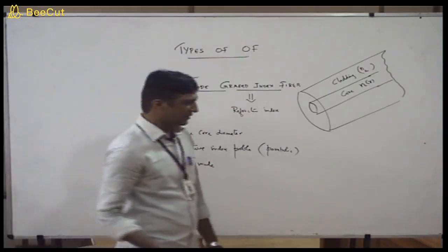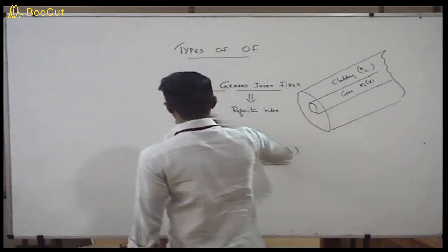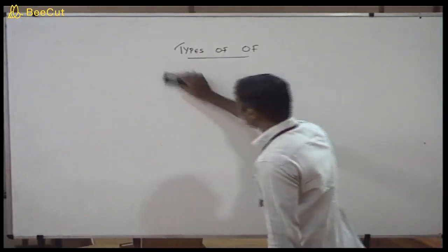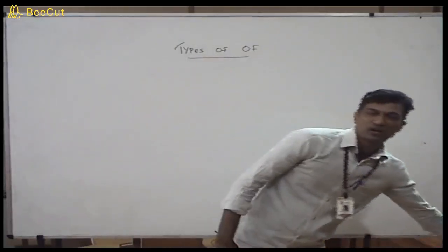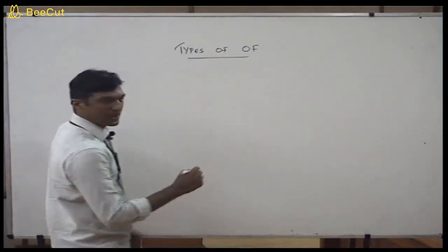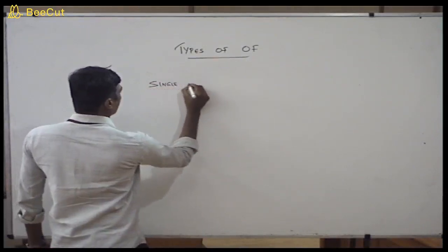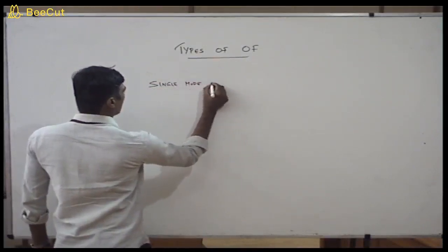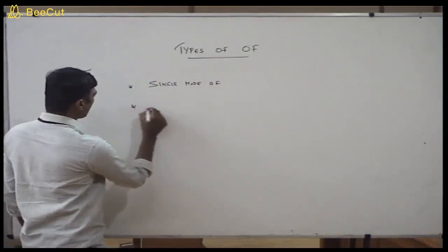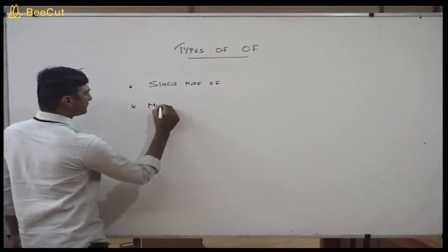So I'm just summarizing this session. We studied about 3 different types of fiber. Fibers are classified into categories based on refractive index profile and based on the number of modes. We have the single mode optical fiber, that is the first type. The second type is the step index multimode optical fiber.